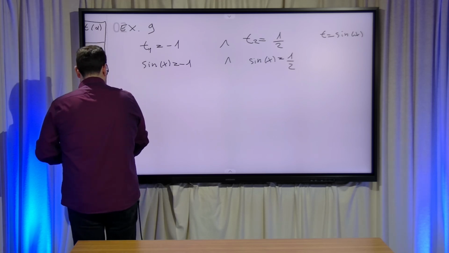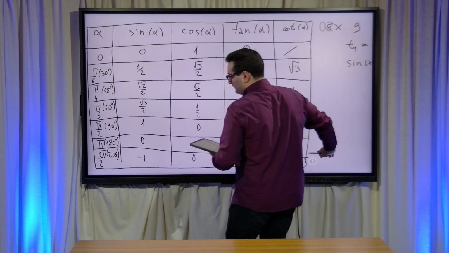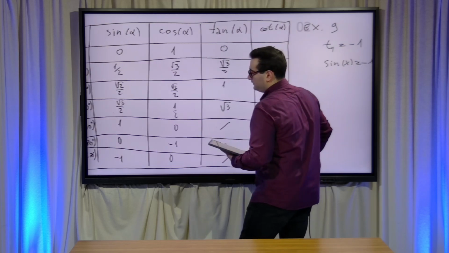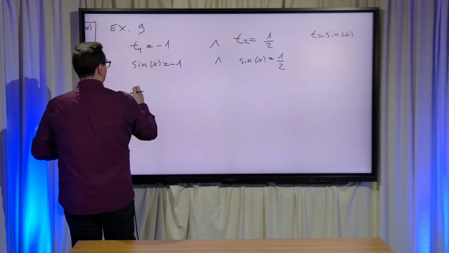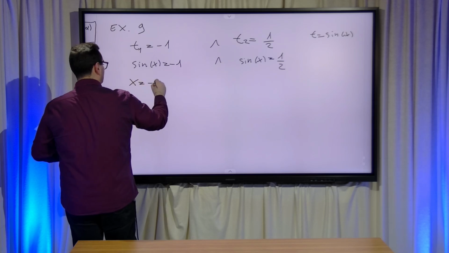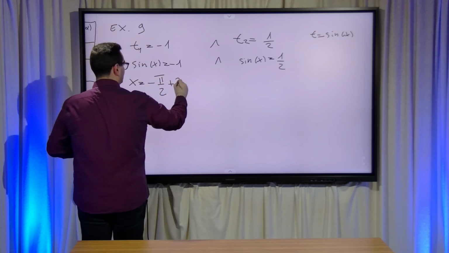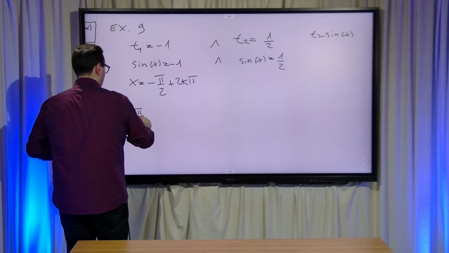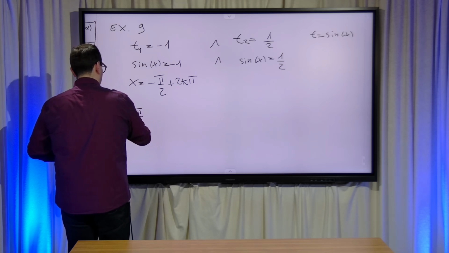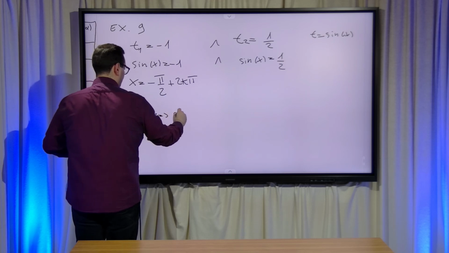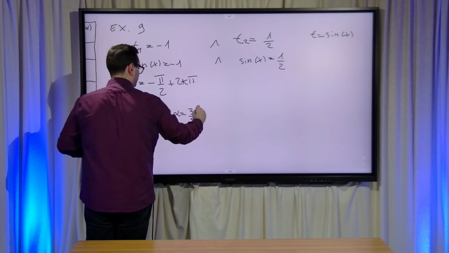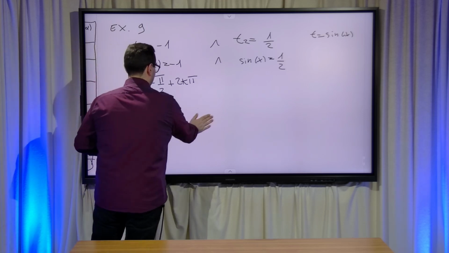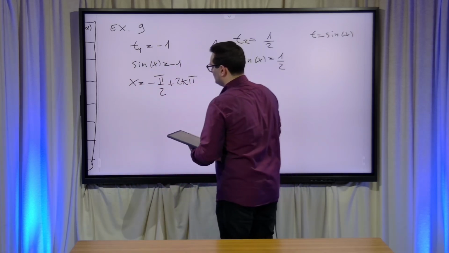This angle can be written also as minus pi over 2. So from this one I can write x equal to minus pi over 2 plus 2k pi. Minus pi over 2 is the same angle as this one. It's the same angle written in two different ways.